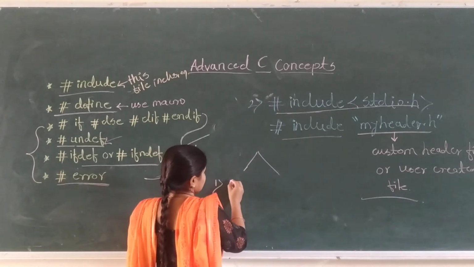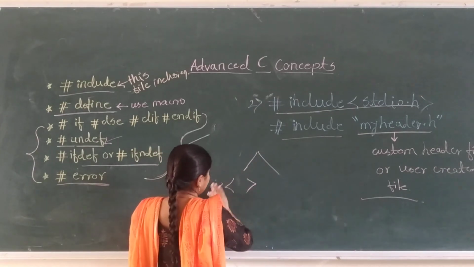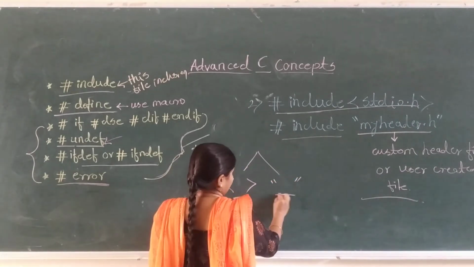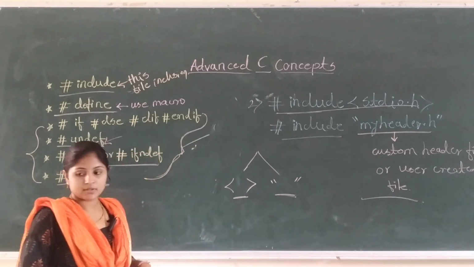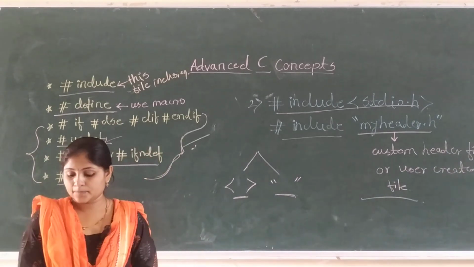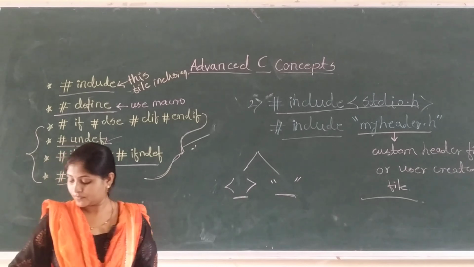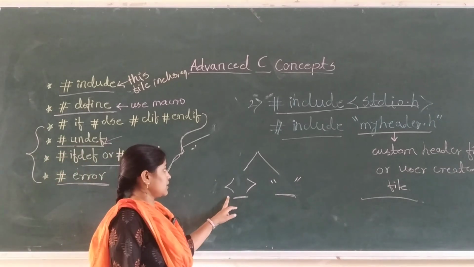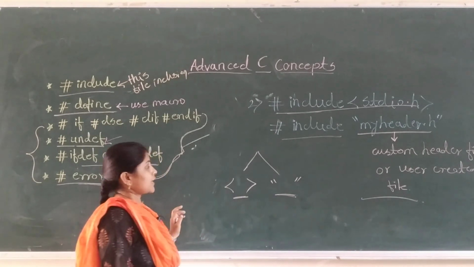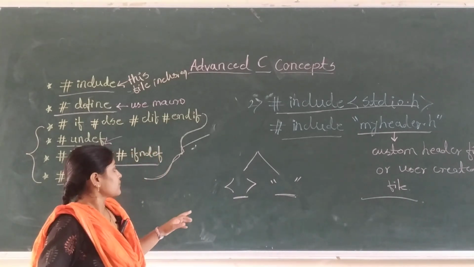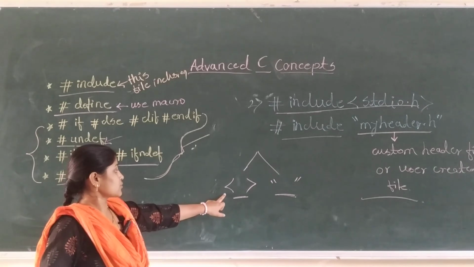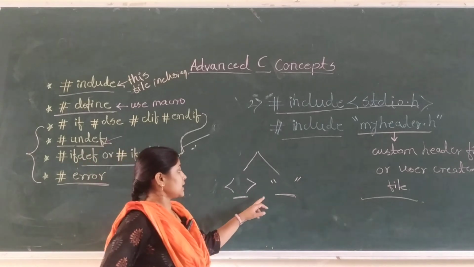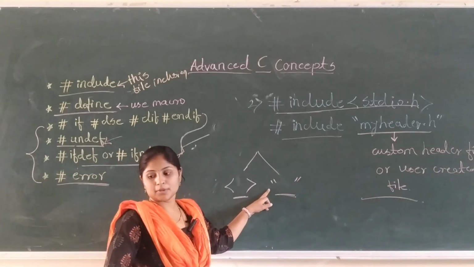First one, we use angular brackets, and second, double quotes. There are two types of file inclusion: first one is represented through angular brackets, and second one is by using double quotes.